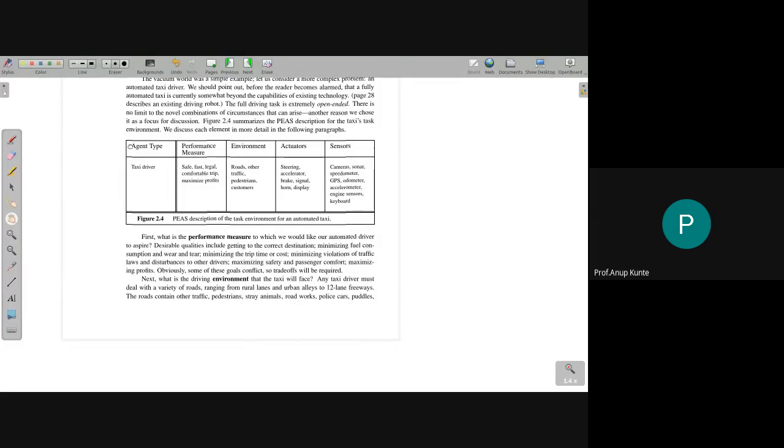If I take this taxi into a constrained scenario of a campus, wherein there are roads, traffic may not be that much, pedestrians may or may not be allowed depending on what kind of campus we are talking about, and the customer will also be there.